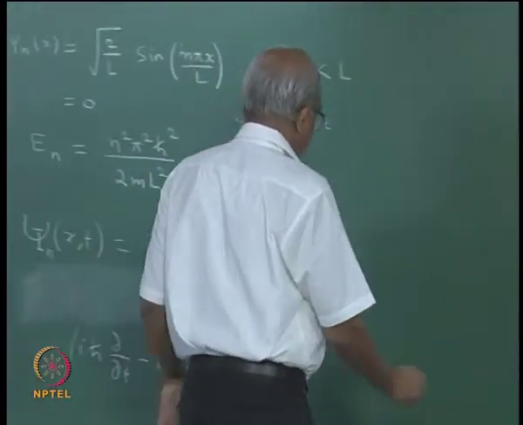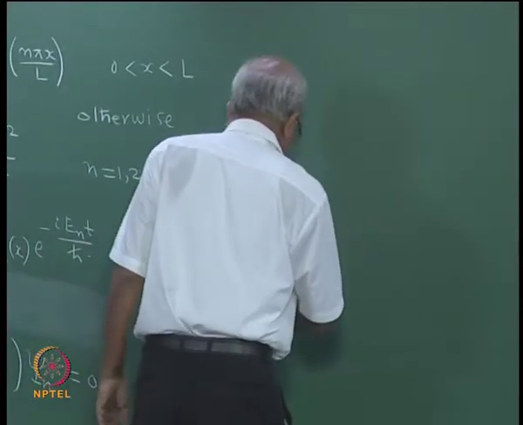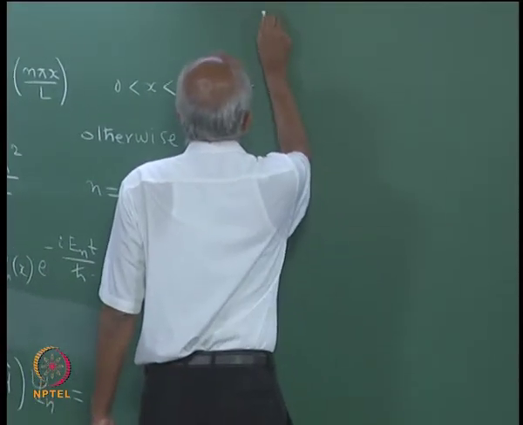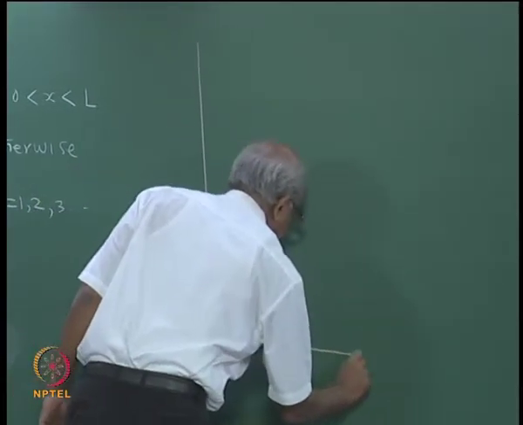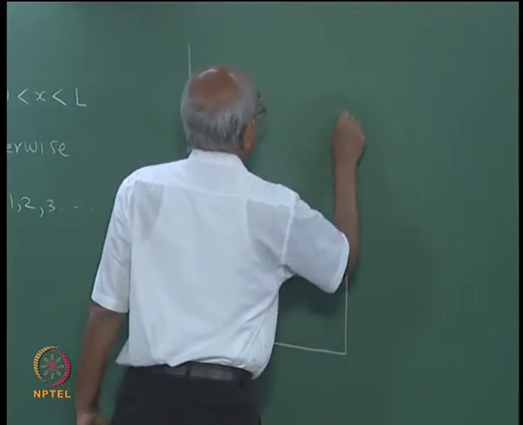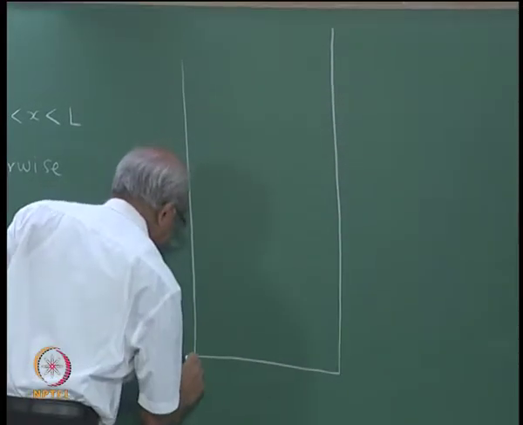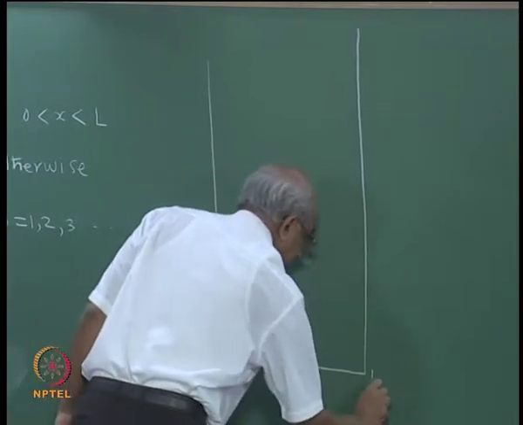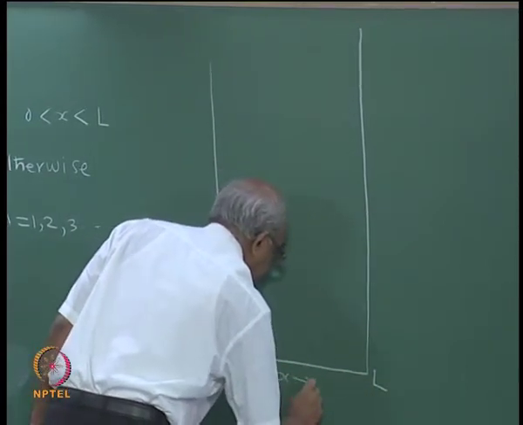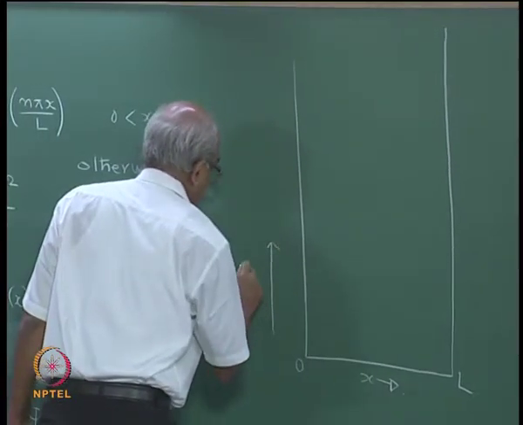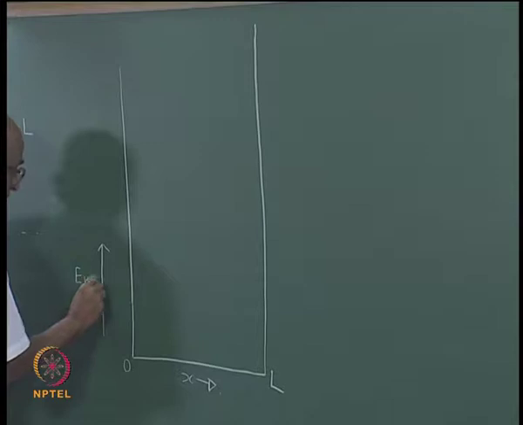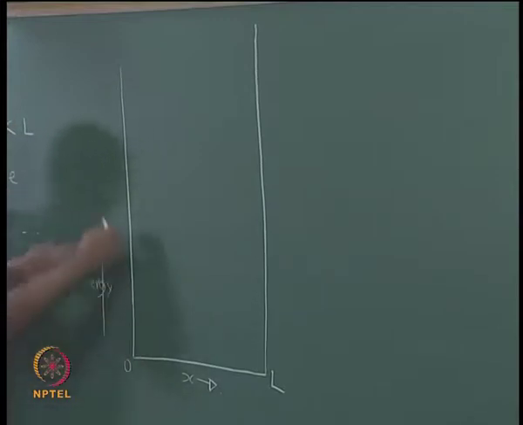I will also represent the allowed energy levels of the system. This is my box, extending from 0 to L, and along this axis actually we are going to represent energy, and if you are thinking of potential energy, remember why we drew a picture like this.